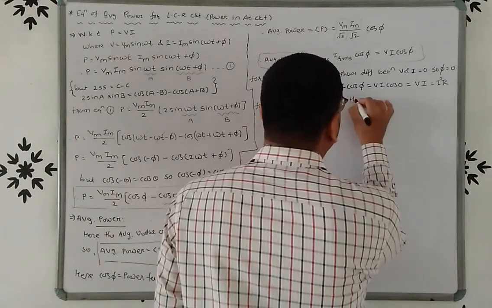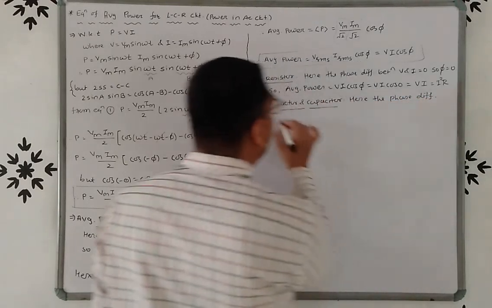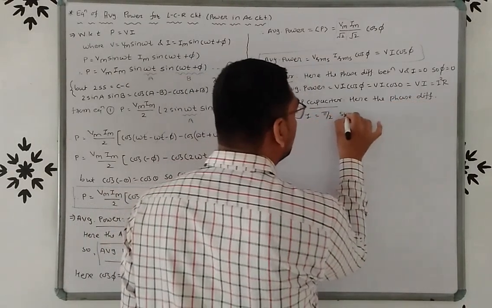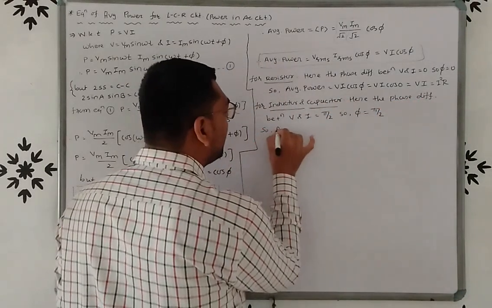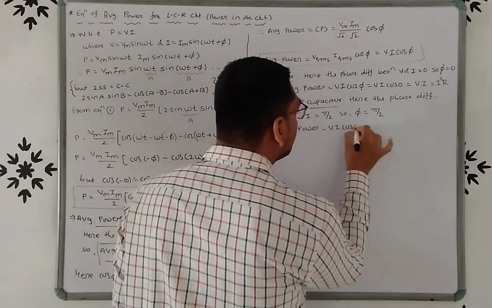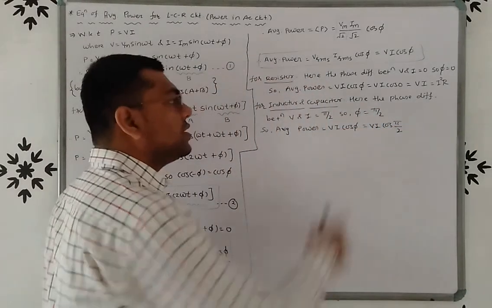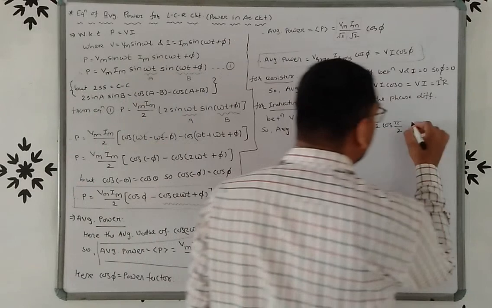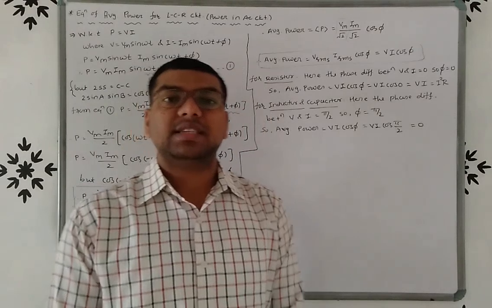So the phase difference between V and I is equal to pi by 2. So phi is equal to pi by 2. So we can write average power is equal to VI cos phi, but cos phi is cos pi by 2, because phi is equal to pi by 2. So the value of cos pi by 2 is equal to 0, right? So average power for inductor and capacitor is equal to 0.